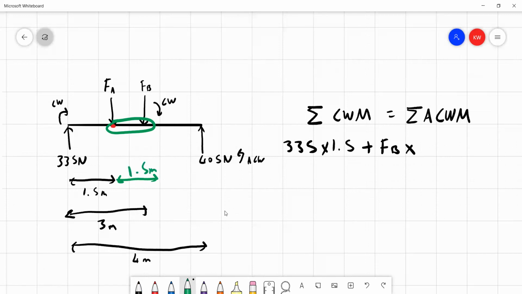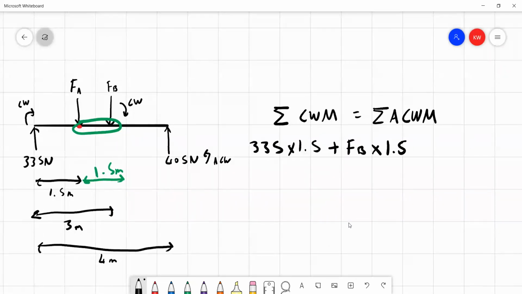So it's 1.5 meters in the other direction. So it's FB times 1.5. It doesn't matter that they're in different directions, it's the straight line distance from the point we've picked to take our moments about, that's point A, to where the force is applied.